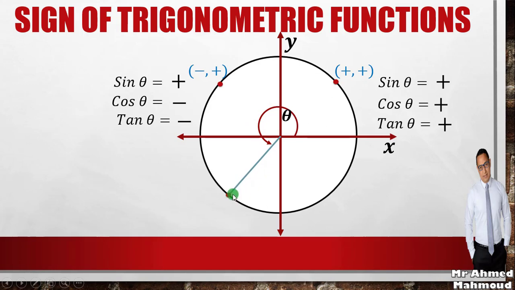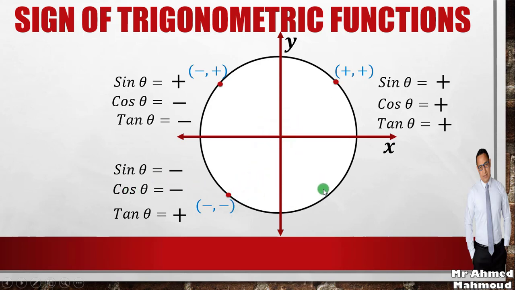Now this point has two coordinates, and both are negative. Here the sine is negative and the cosine is negative also. The tan is negative divided by negative, which is positive. So here the tan is positive and the rest are negative.